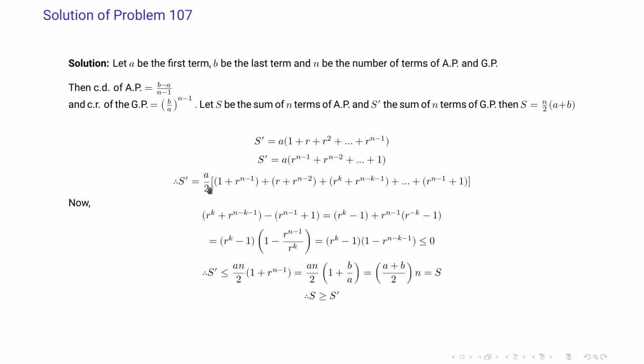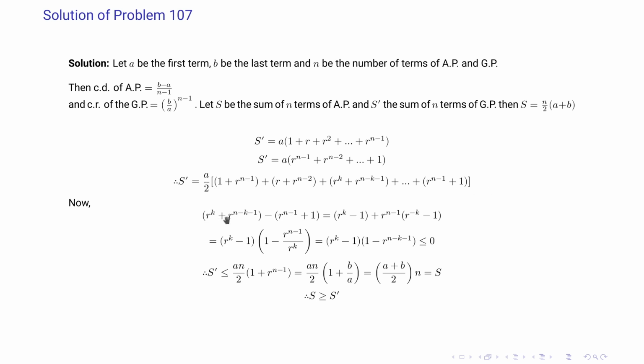So 2S prime would be A into the sum of 1 plus R to the power N minus 1, plus R plus R to the power N minus 2, and so on. What we will try to prove is that each general term is less than or equal to a specific term, that is R to the power N minus 1 plus 1. Once we have established this, the sum will be simpler to handle.